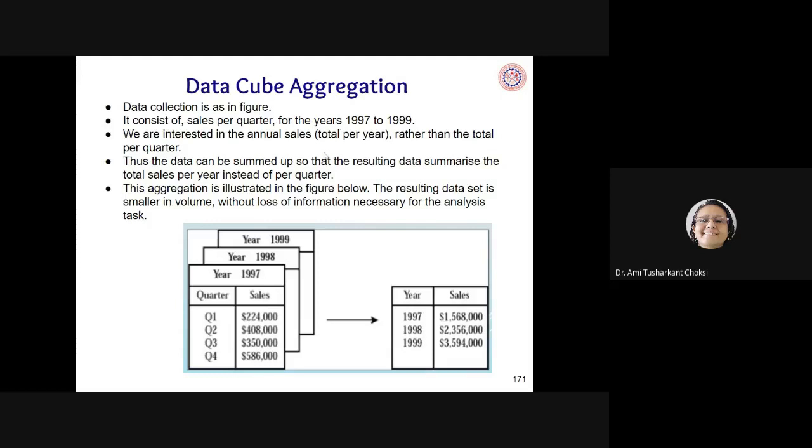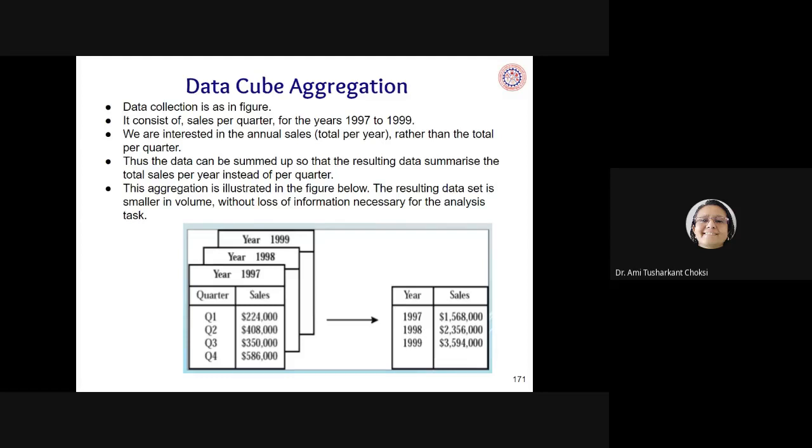So here data is given for 97, 98, 99, and it is given quarterly. Now we want to get the aggregation, so we will do the summation. The data is summed up and the resulting data summarizes the total sales per year instead of per quarter, isn't it?